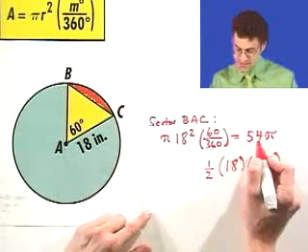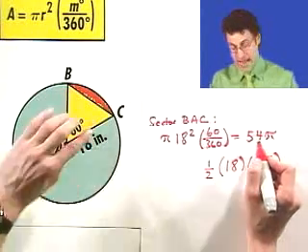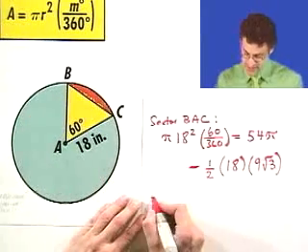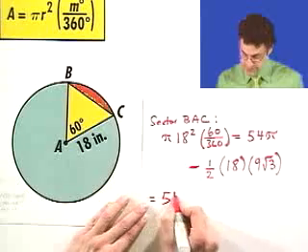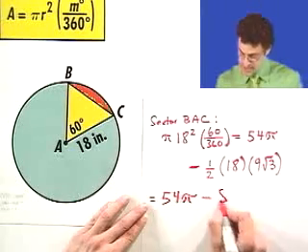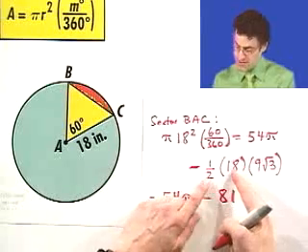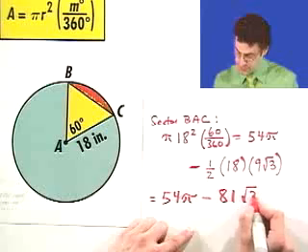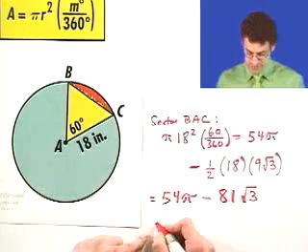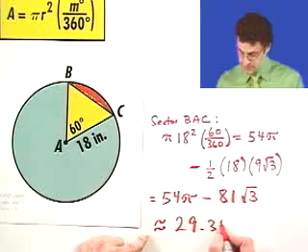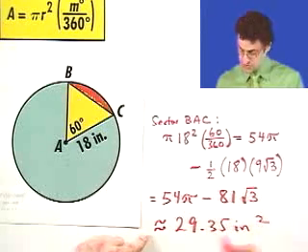Well, I take the area of the whole sector, 54 pi, and subtract off the triangle's area. And this works out to be simply 81 square root of 3. We can see that because the 2 and the 18, when I divide, I get a 9. 9 times 9 is 81. That's the exact answer. If you want an approximate answer, you can put it in a calculator and see 29.35 inches squared.